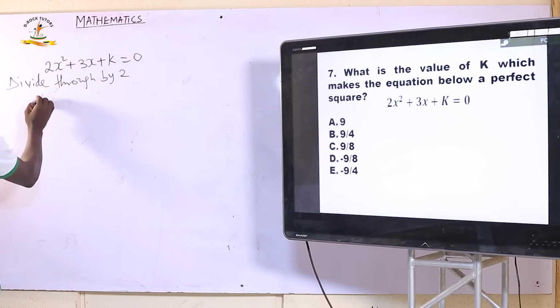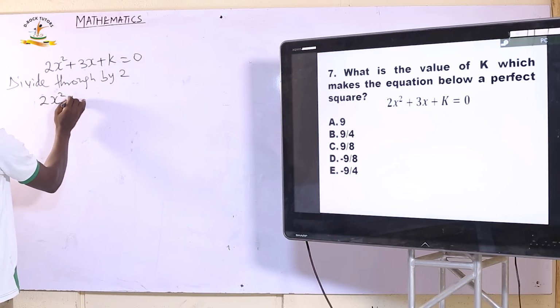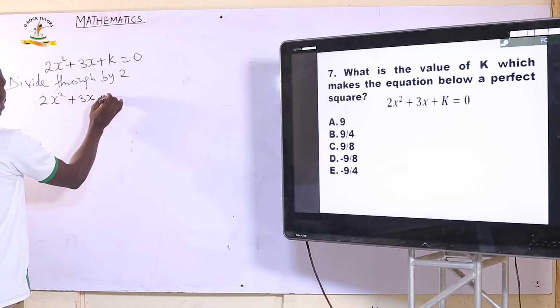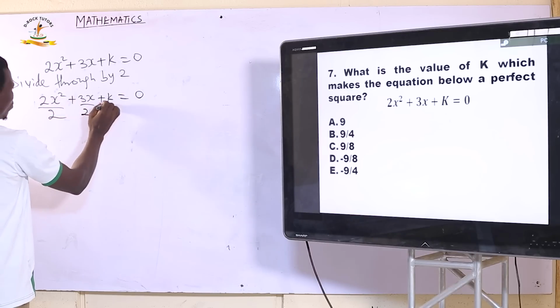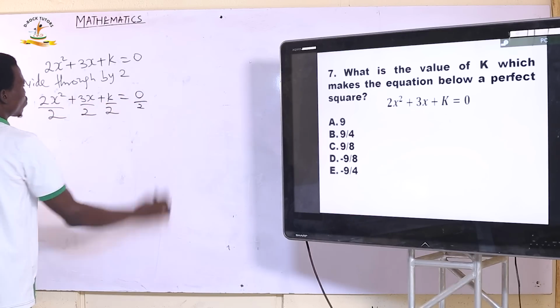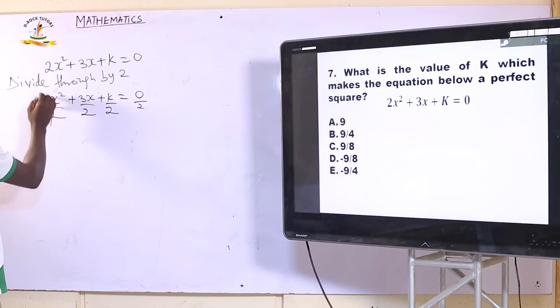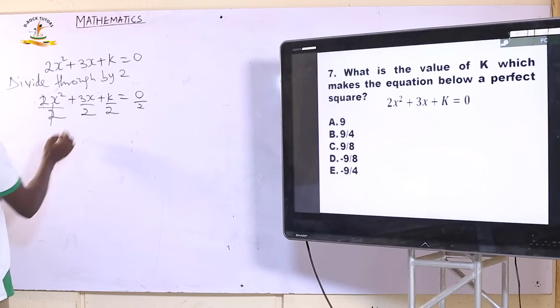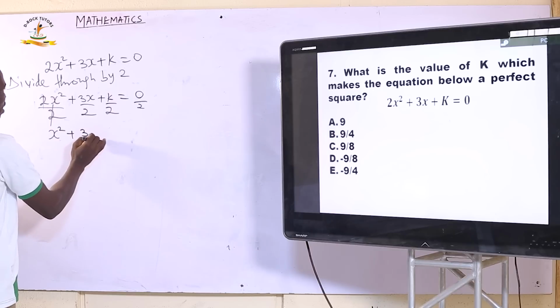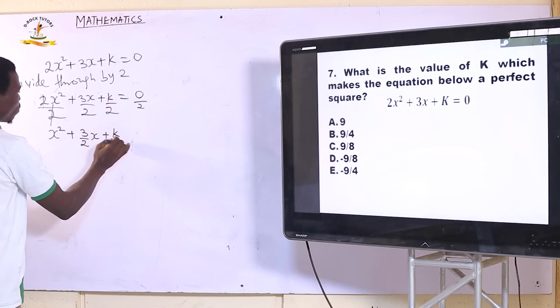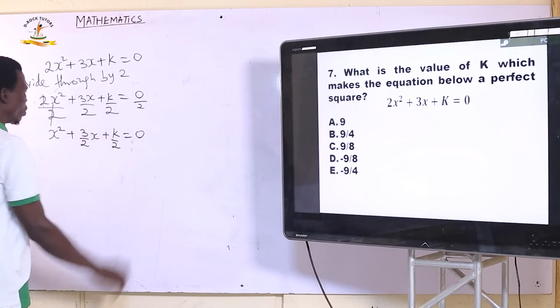And when we do that, we're going to have 2x squared plus 3x plus k equals 0. We divide this by 2, by 2, by 2, and by 2. The 2 goes, and this becomes 0. So my equation becomes x squared plus 3 over 2 x plus k over 2 equals 0.